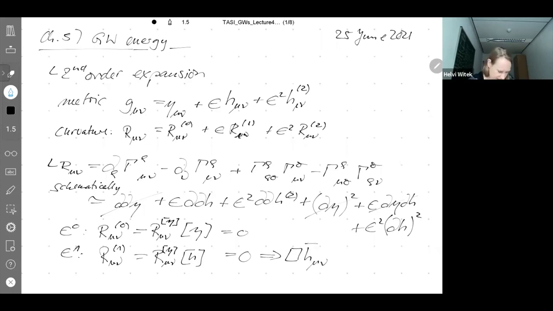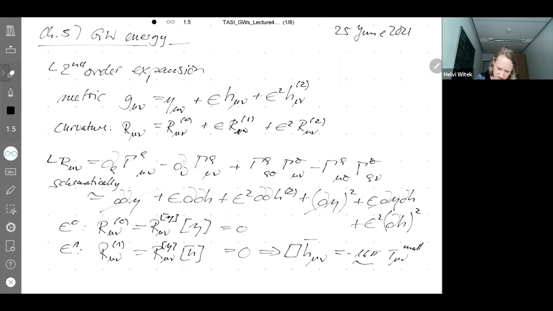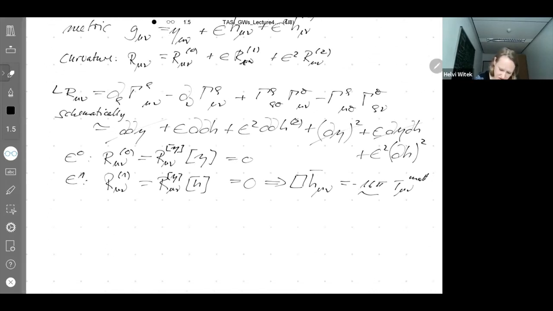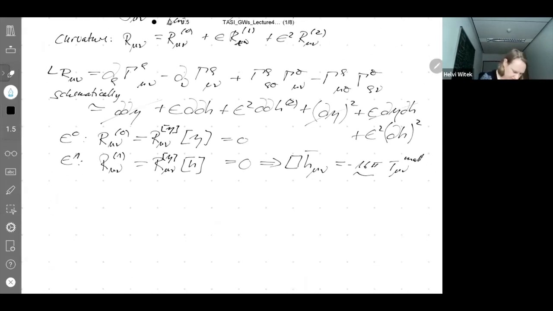So box operator acting on our gravitational potential, h mu nu, would now be minus 16 pi T mu nu matter. And I'm suspecting that I actually may have a factor wrong here. So let me check this afterwards, but conceptually it's clear what's happening here. So we have our wave equation for the metric perturbation sourced by just a matter term.